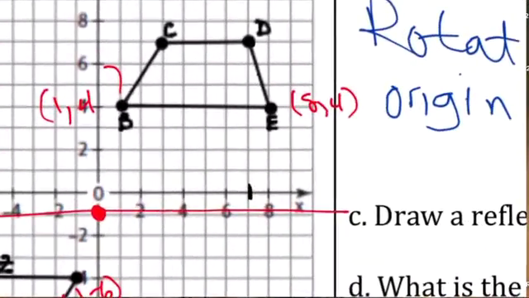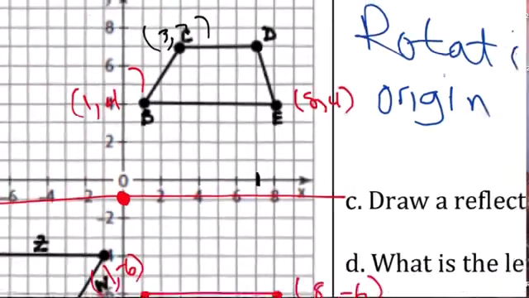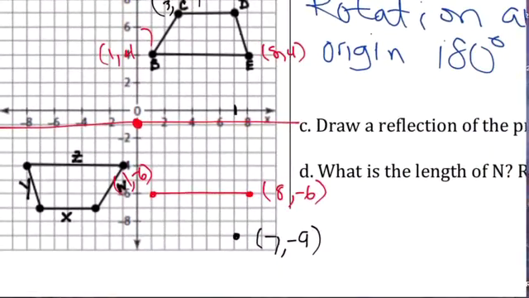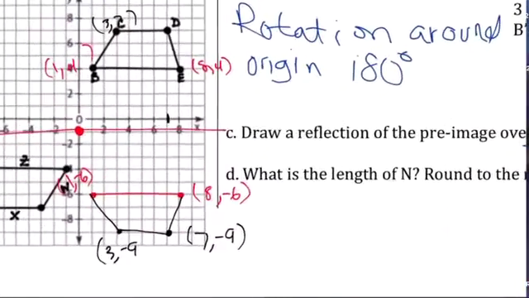And then here is 3 and 7, so it'll be 3, negative 9. And that's the reflection.